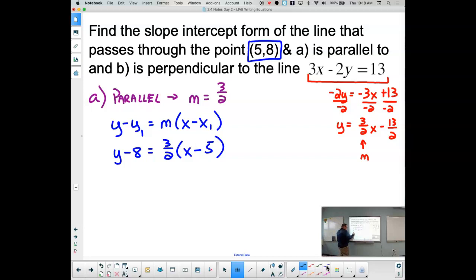Distribute y minus 8. I didn't even get close to the black that time. Three halves x minus 15 halves.